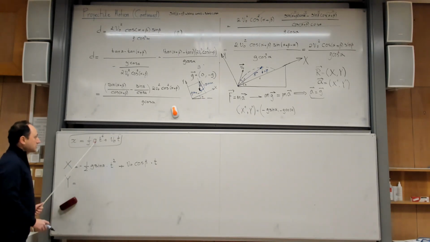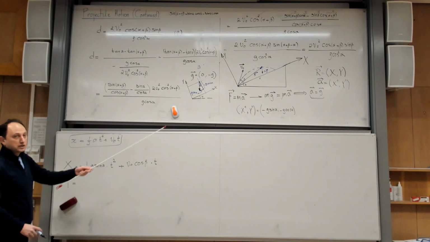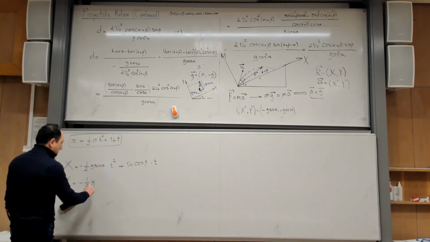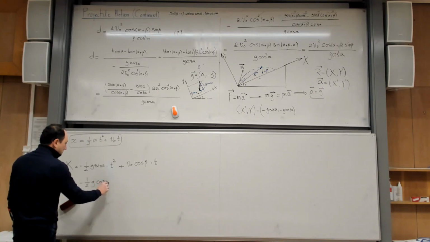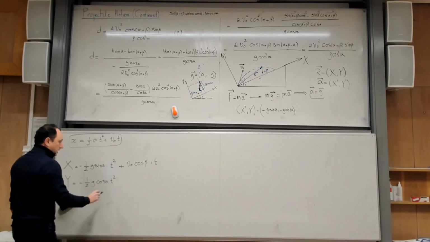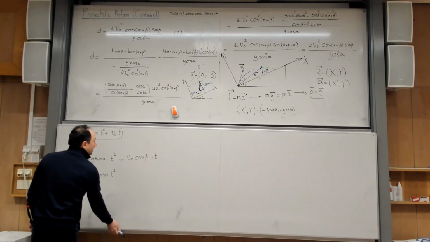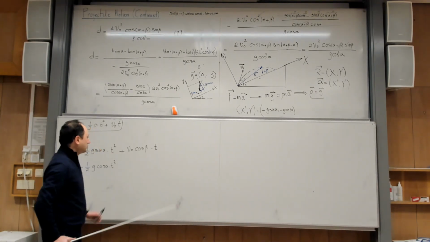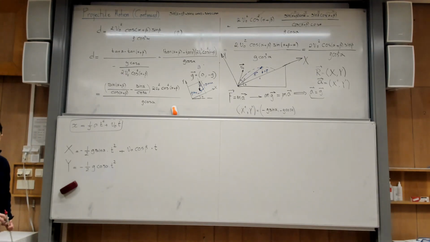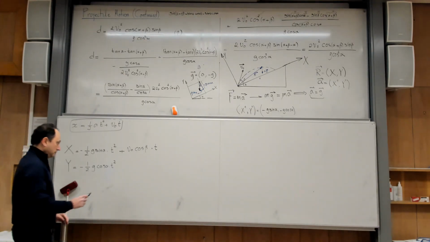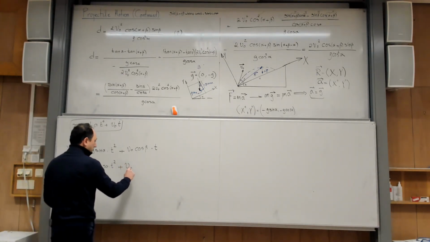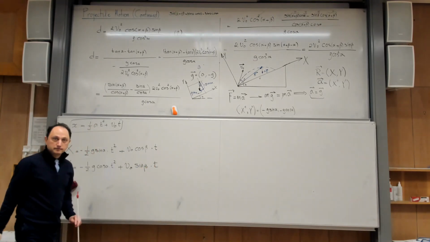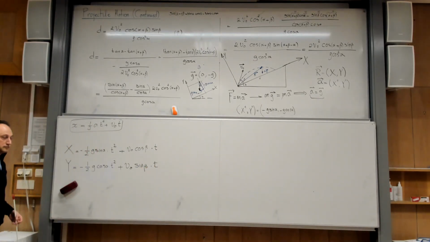Instead of this acceleration, I put minus g cosine alpha, so it becomes minus 1 over 2 g cosine alpha times t squared, and then plus what? Can you tell me what should I write instead of this? Initial velocity sine beta. V naught times sine beta, and then times time. Yes, is that right?